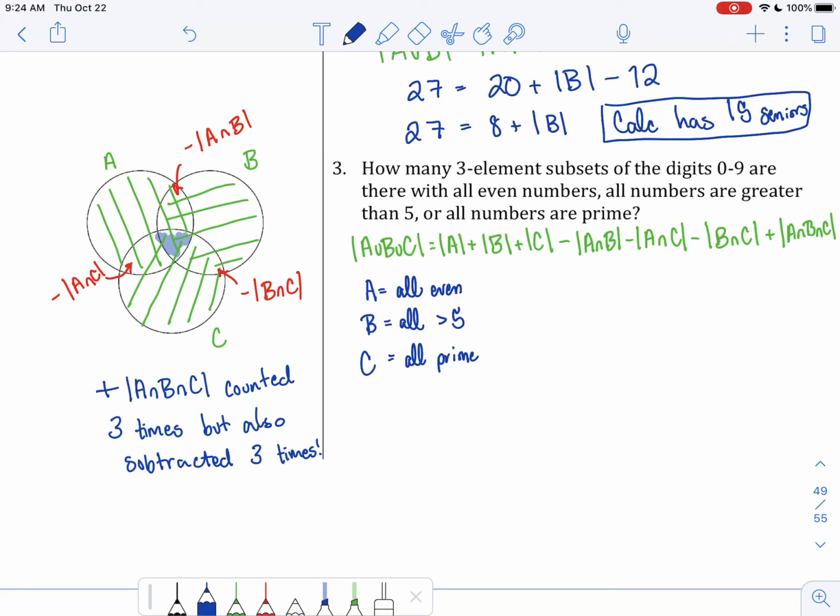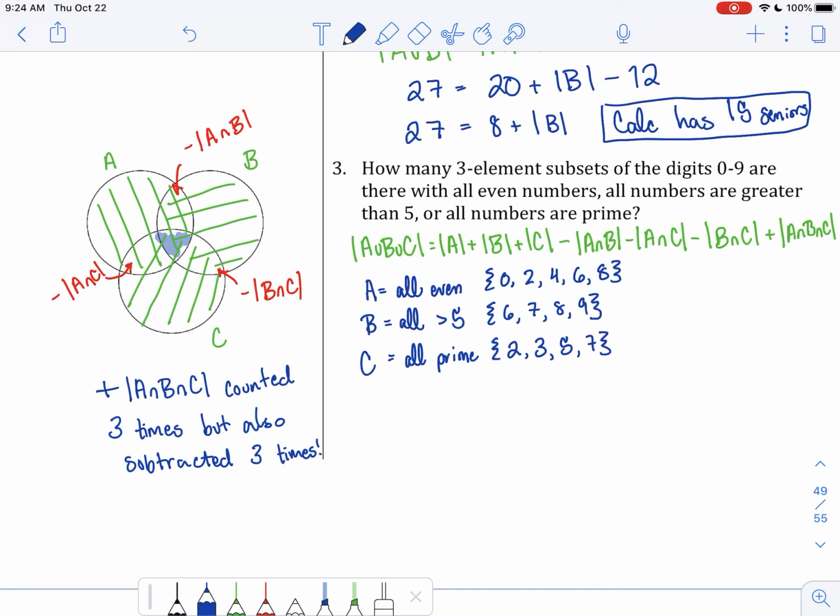Now, sometimes it's helpful to actually write out these sets. All greater than 5 would be 6, 7, 8, 9, just up to 9. And prime would be 2, 3, 5, and 7. Remember, 1 and 0 are not prime.